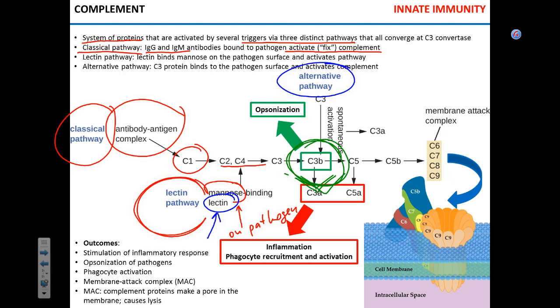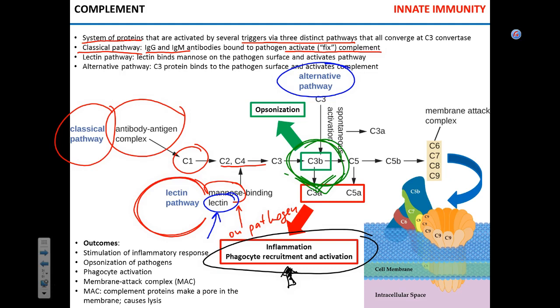So obviously, the C3b protein has multiple effects on the downstream events. So what are the final outcomes of the complement activation? The first one, shown here at the bottom, is the stimulation of the inflammatory response.